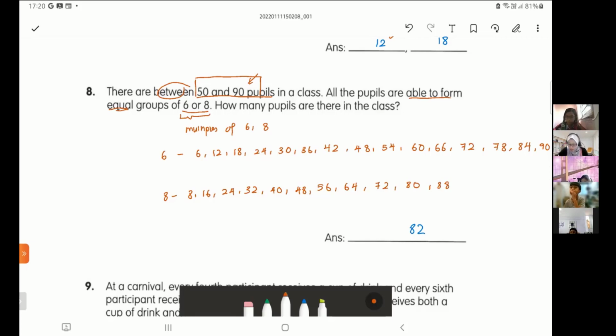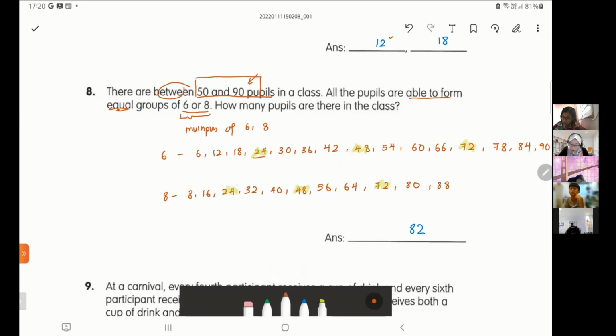Common means the number that appear in times table 6 and the number that appear in times table 8 first. Okay, so if you can see, number 24 appears twice. Then 72 appear twice, right? Number 48 appear twice. However, the next rule is the number must be bigger than 50.